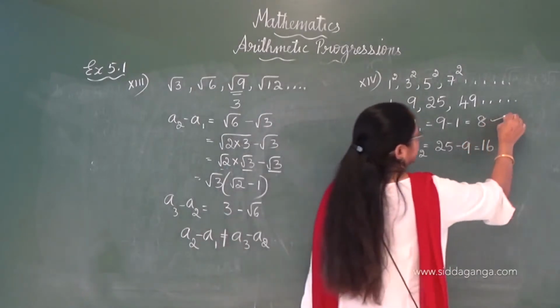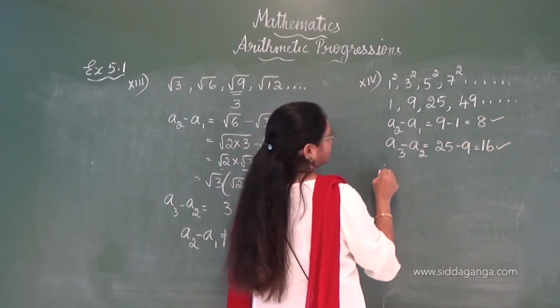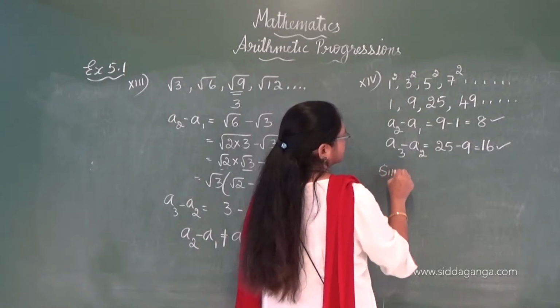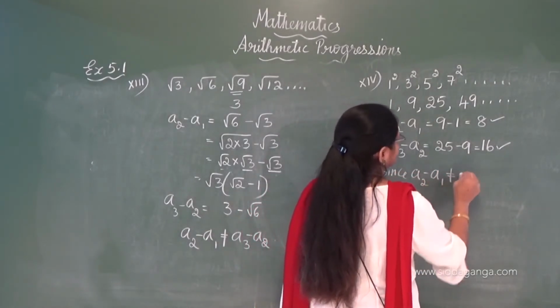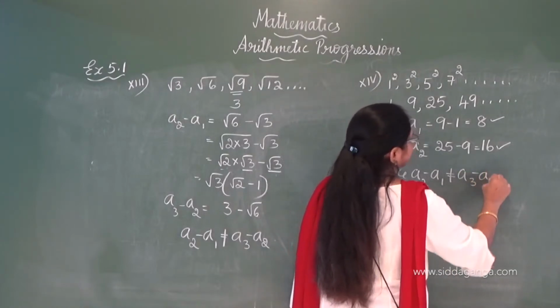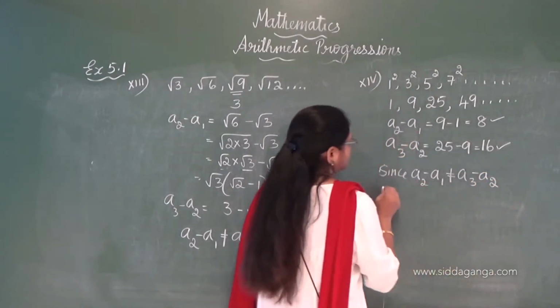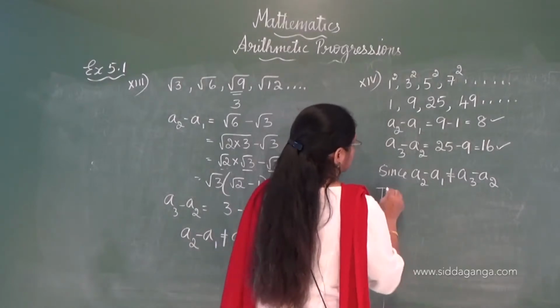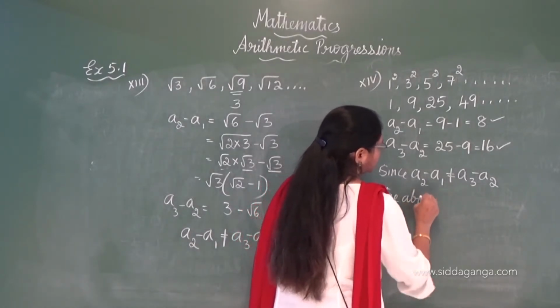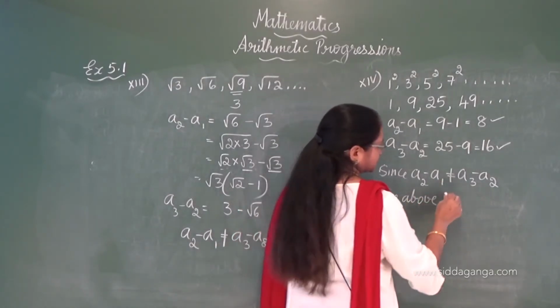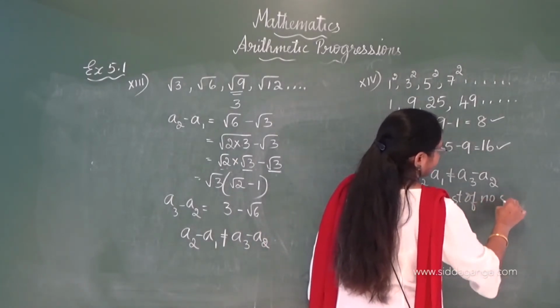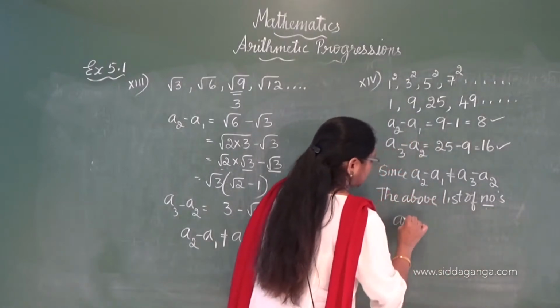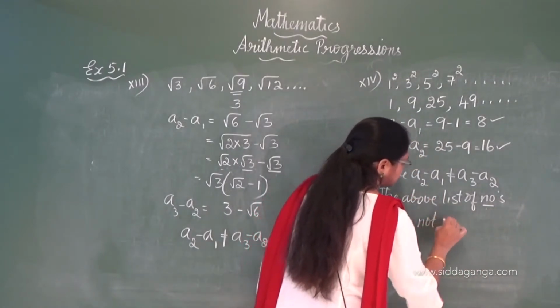So here 8 and 16. Since a2 minus a1 is not equal to a3 minus a2, the above list of numbers are not in AP.